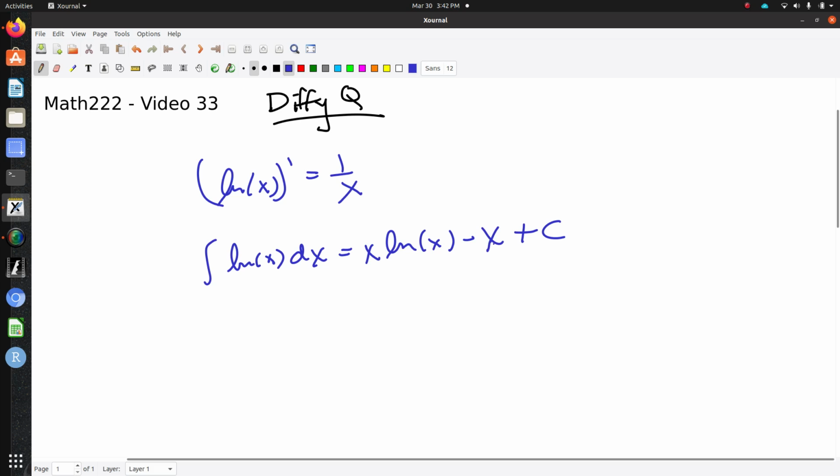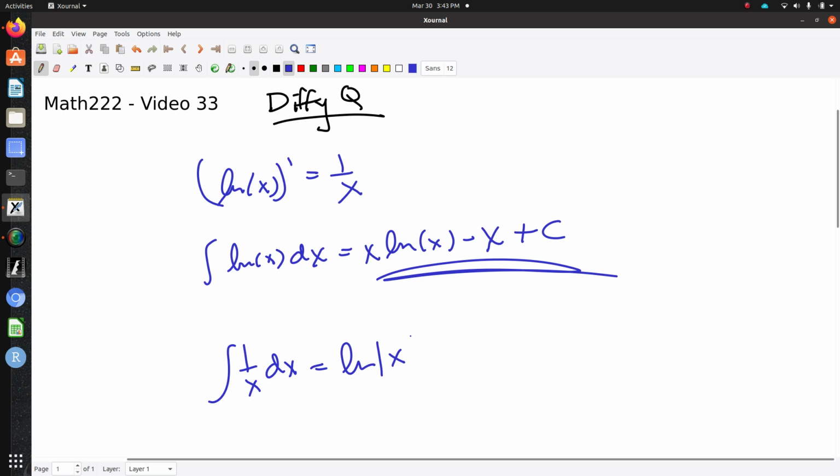You could rederive it if you like, but anyway, don't confuse these two. Don't think that you can integrate natural log and get anything other than a big mess out the other side. Okay, but you can integrate 1 over x, and that's going to be natural log of x, and we should usually do the decency of giving it absolute value signs. But then hopefully the question will let you drop the absolute value signs.